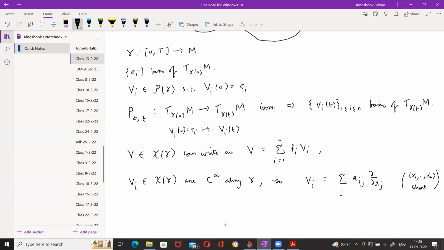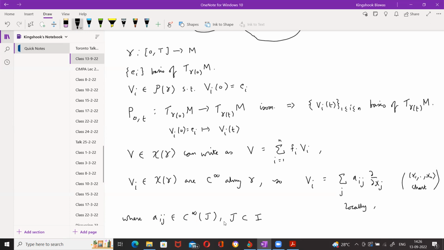So each V_i I can write as the sum over j of a_ij del x_j locally, where the a_ij's are smooth functions on some interval J contained in the interval I, such that the image of J lies in the chart.